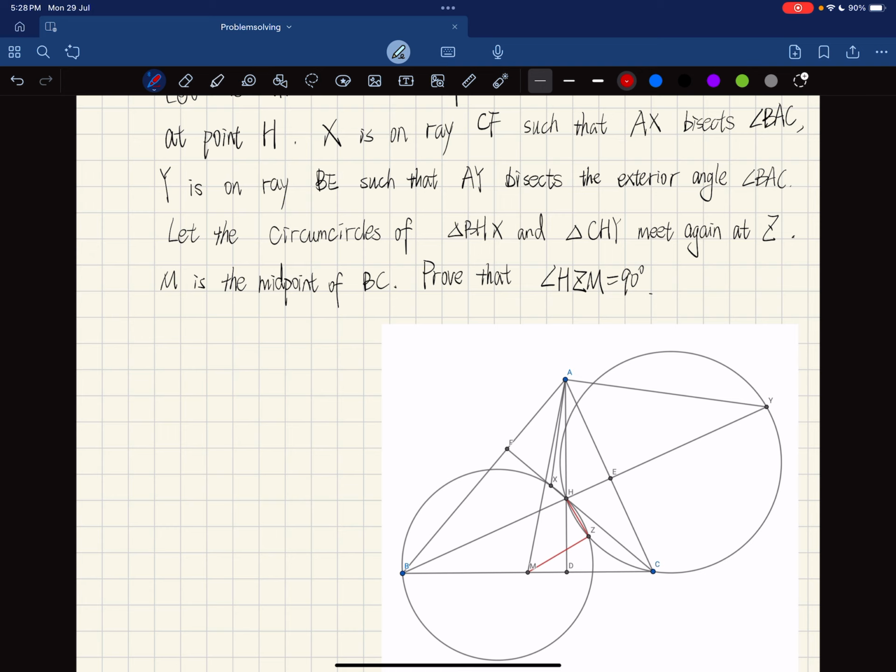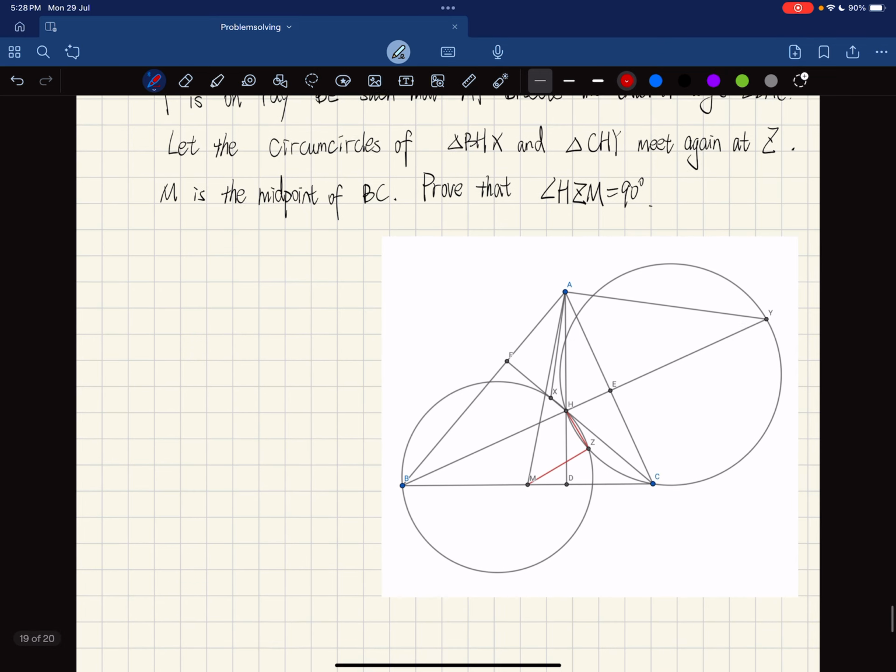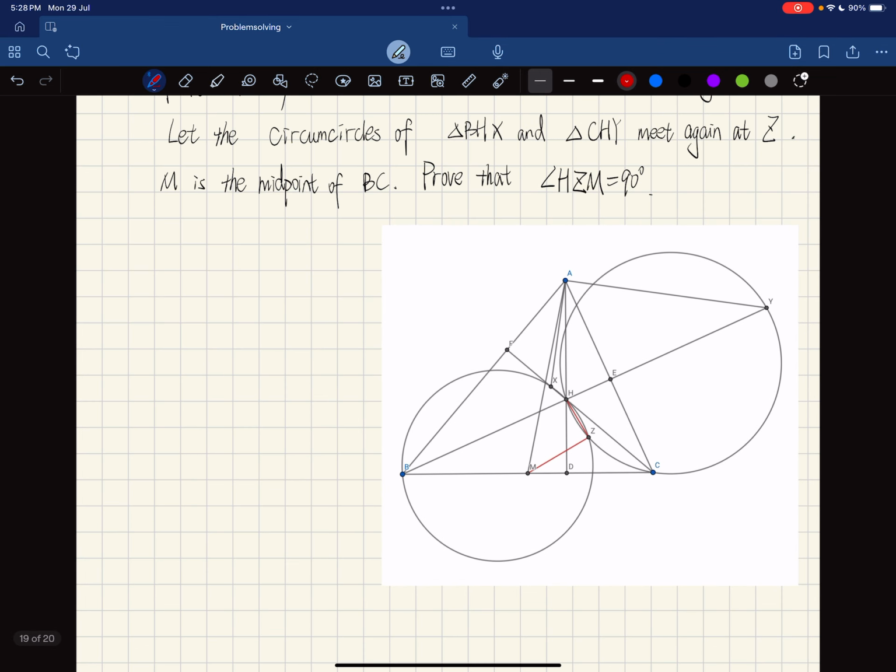So we draw the 2 circumcircles of triangles BHX and CHY, and let them meet again at Z, where M is the midpoint of BC.